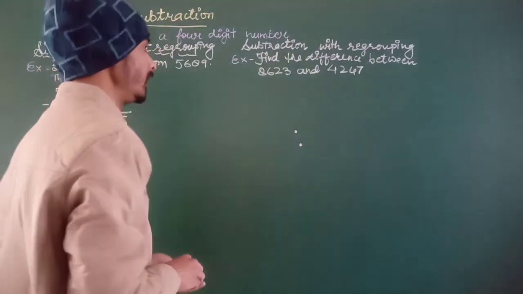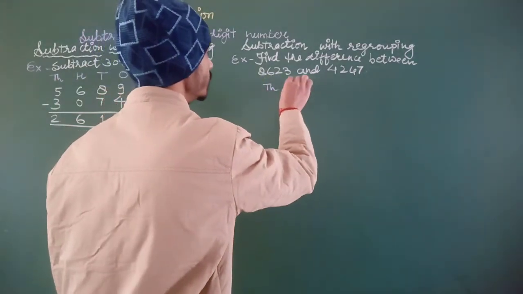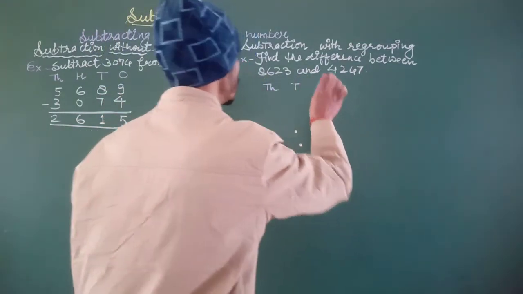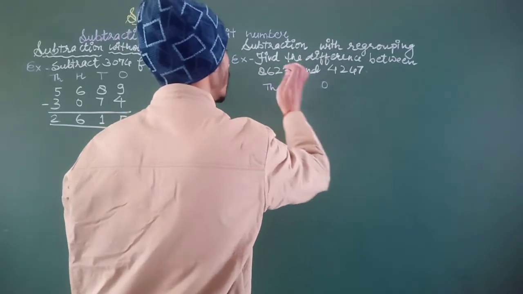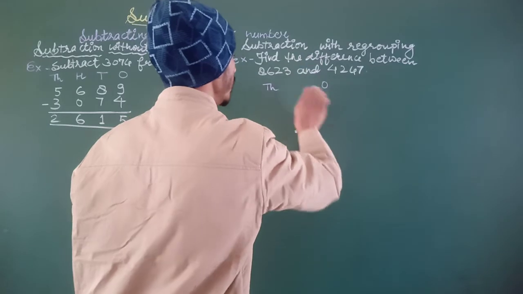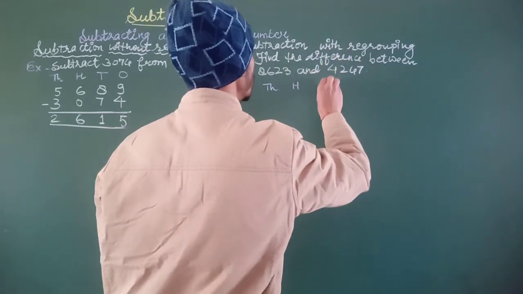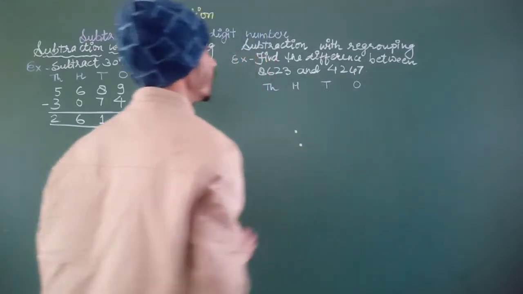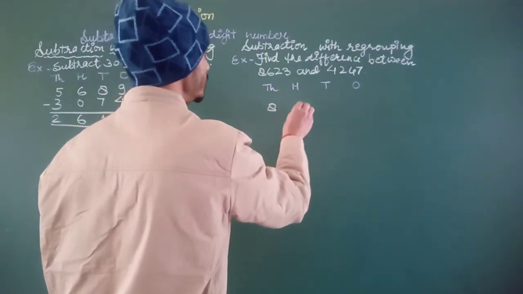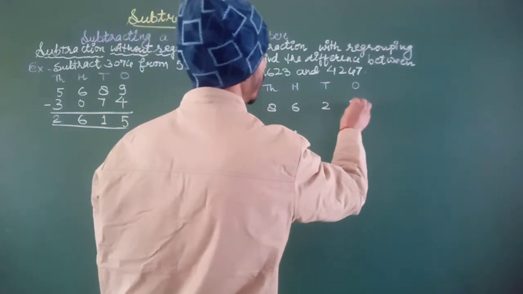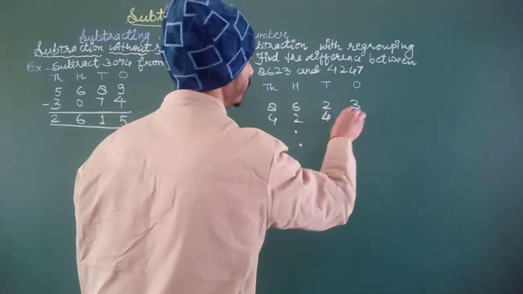So we have to write thousands, hundreds, tens and ones. Firstly, we have to write the bigger number, that is 8623, and after that we have to write the smaller number, that is 4247.